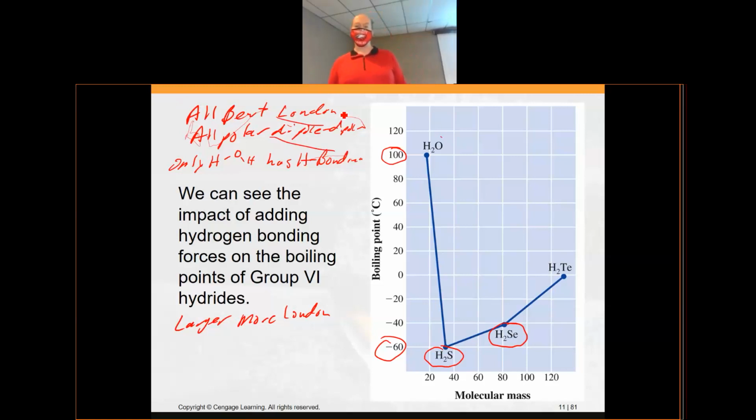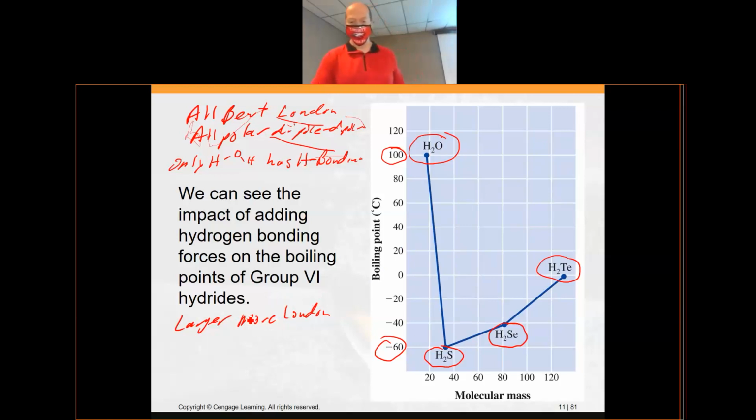All right, and so your London forces are increasing as your mass increases. So go to H2Te, and now your boiling point's at 0. But this is a very clear indication that hydrogen bonding is a huge intermolecular force. If it would not be hydrogen bonding, then your H2O would be at minus 80.